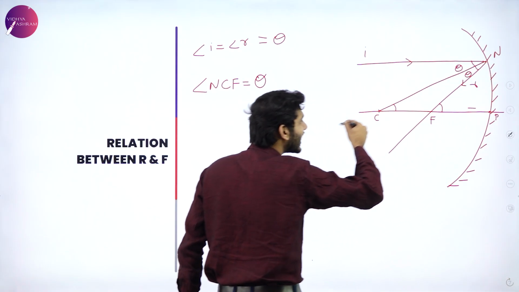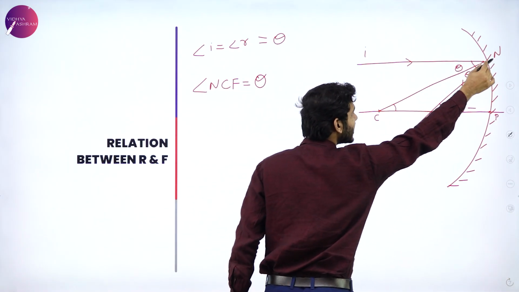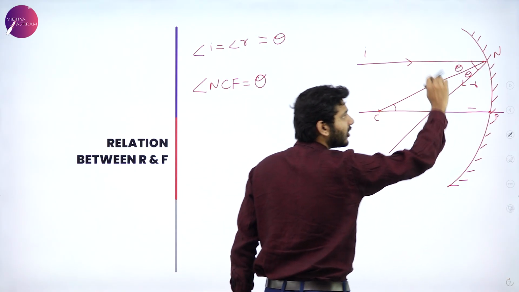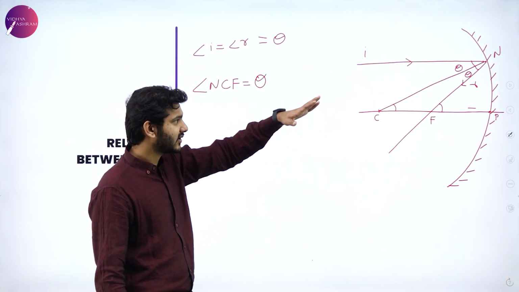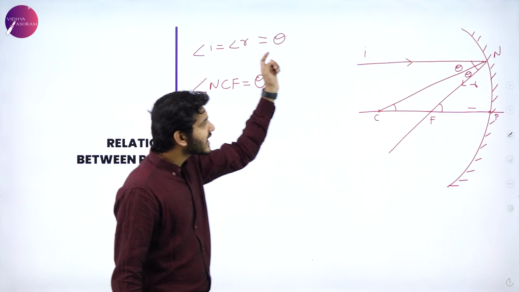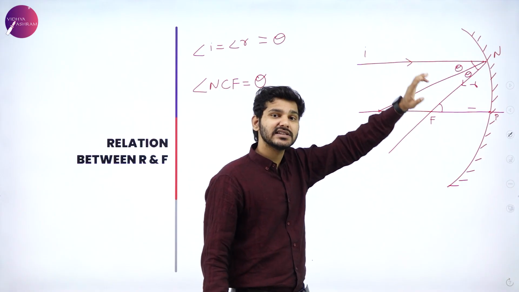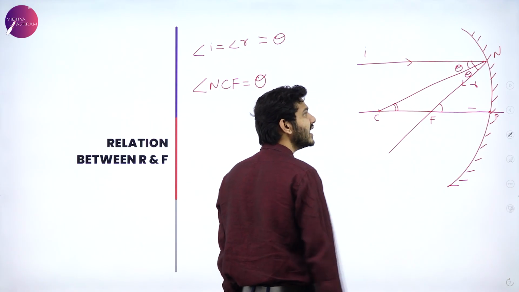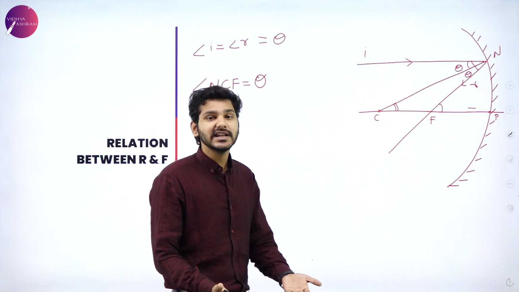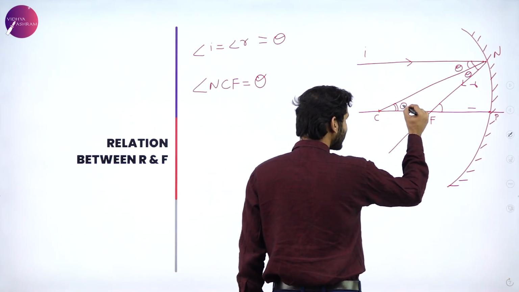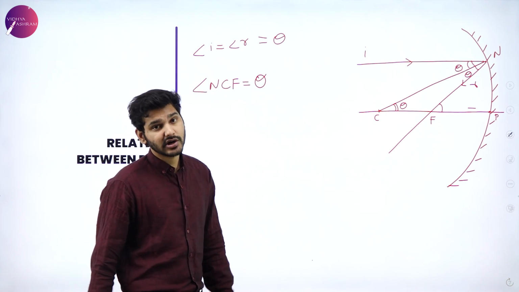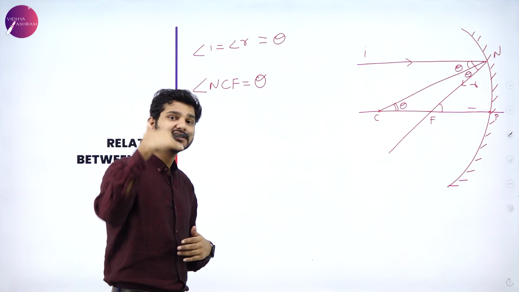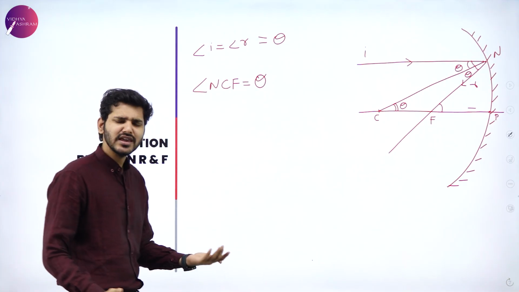And if I cut a line like this from the center of curvature to this particular point N, that is the axis where the normal is going to be, then this angle and this angle will be the same because they are alternate angles. If you remember mathematical geometry, if two parallel lines are there and a line cuts them, then the alternate angles will be equal.